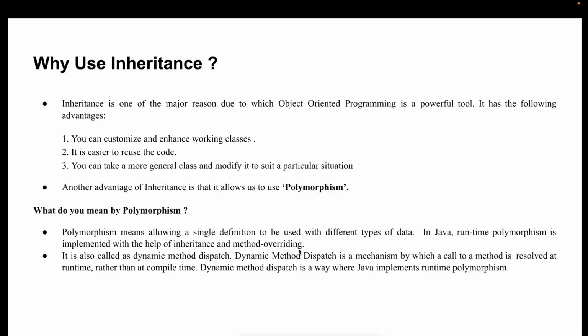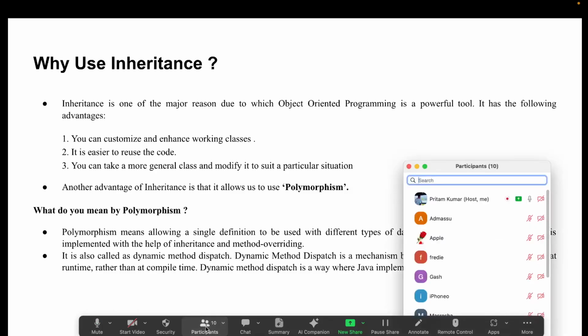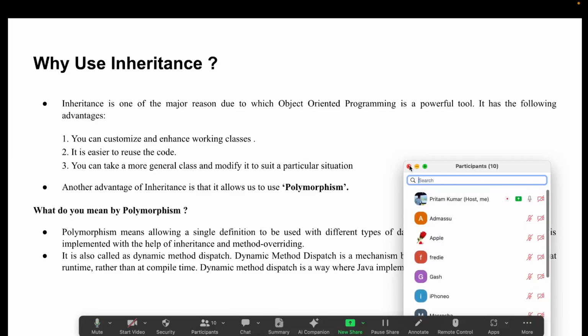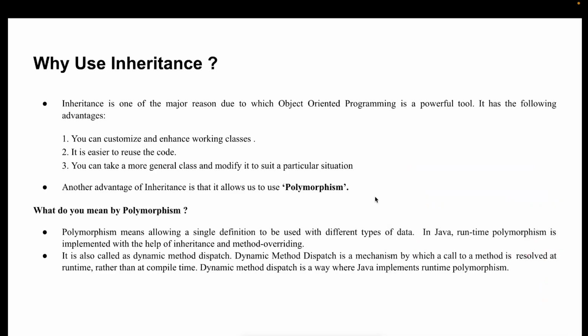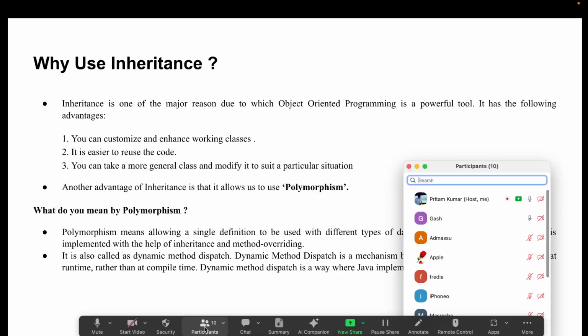We have seen a concept of method overloading. Can anyone recall what method overloading was? Why did we basically use method overloading? When we were creating for two strings, so it was creating override.